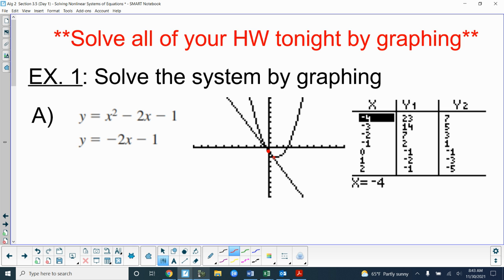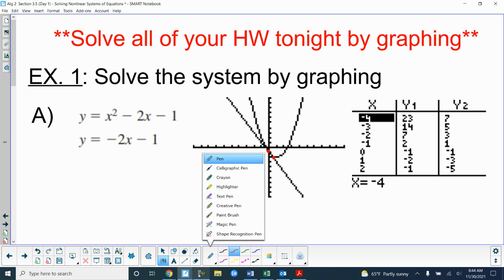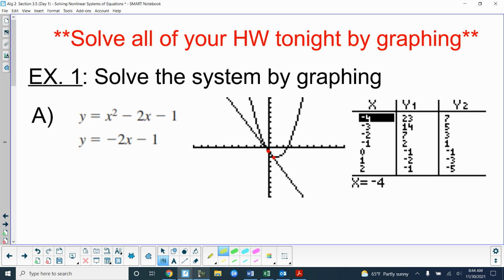And then it looks like right there it hits also. Right? So I'm going to have to find that other point of intersection. Okay, so looking at the same y values there, that's one solution, but it looks to me like there's another one.